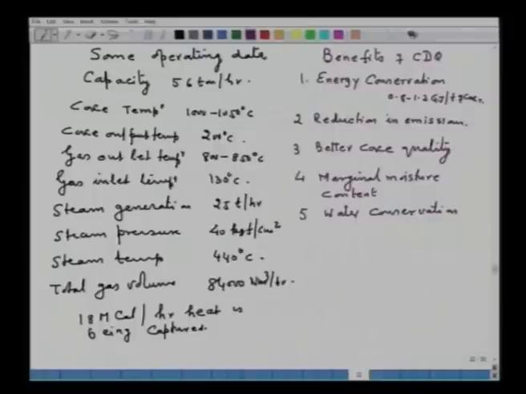In fact, the technology of coke dry quenching, as introduced into the coke oven plant, contributes to the reduction mechanism envisaged in the concept of clean development mechanism.